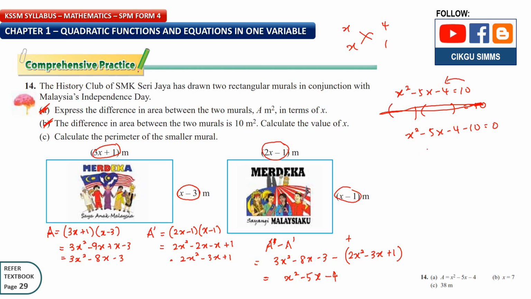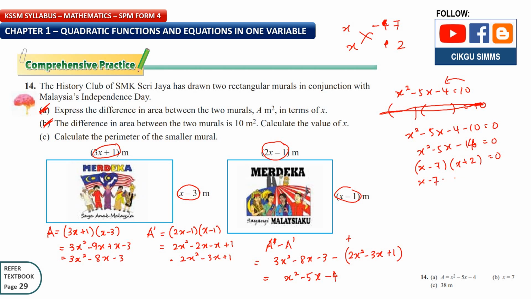So x squared minus 5x minus 14, sorry. So negative 7 and x plus 2.